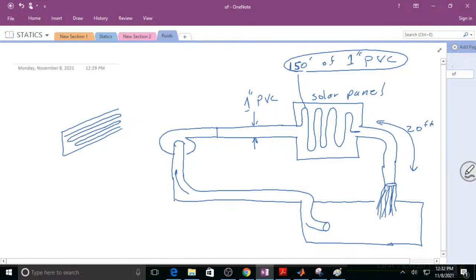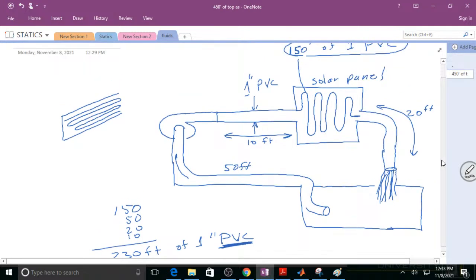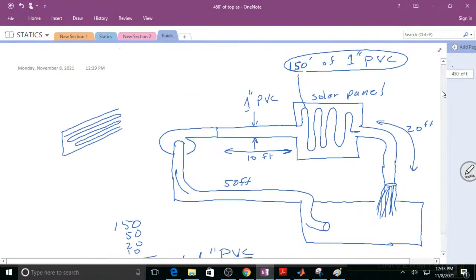And then this is 50 feet. And then this is another 10 feet. So essentially, what do we have? 150 feet, 50 feet right here, 20 feet, and 10 feet. So we've got 230 foot of 1-inch PVC, or something like PVC, something that is smooth. Inside here, this section is painted black, or somehow.